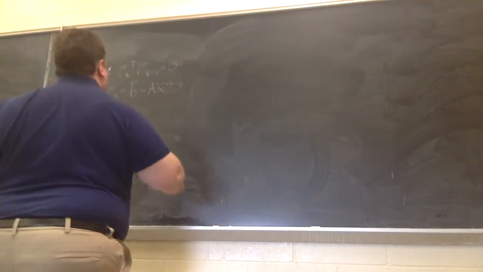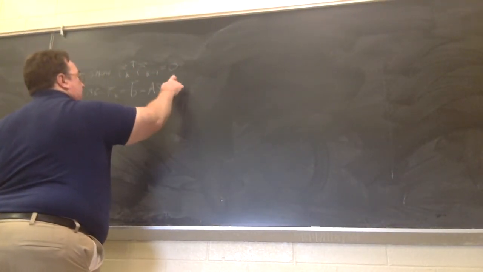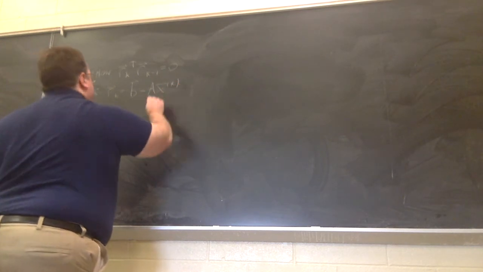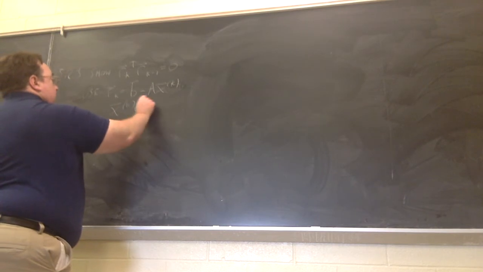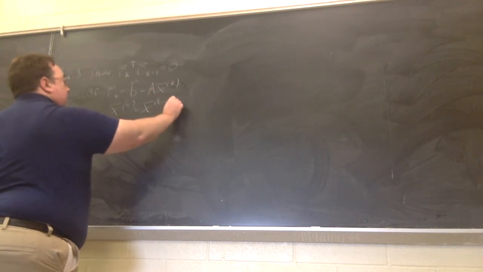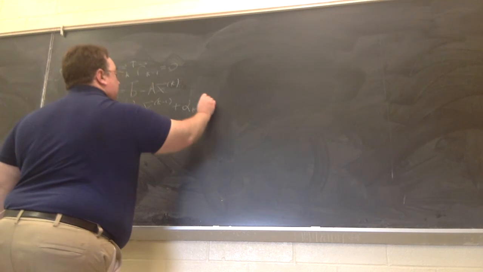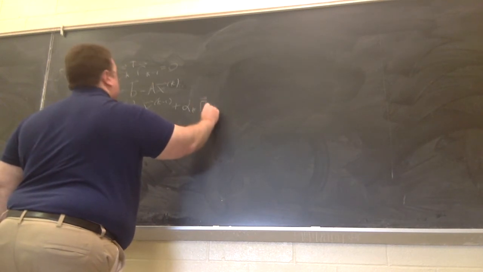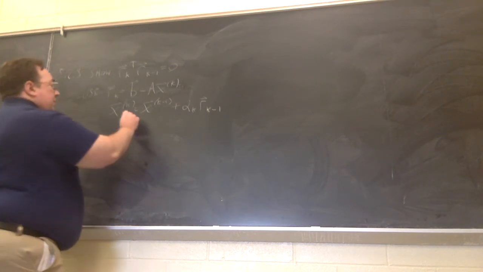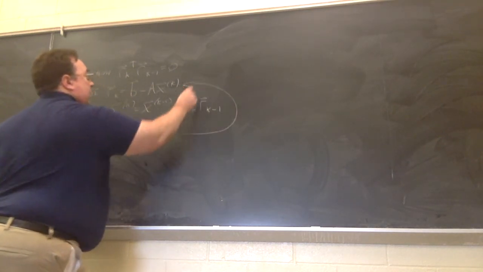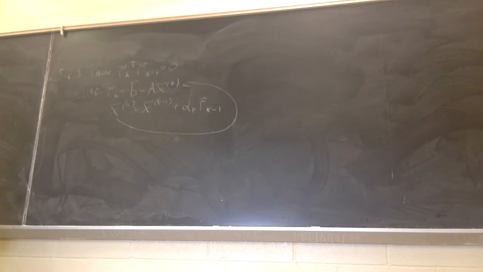So x_k is x_{k-1} plus alpha_k r_{k-1}. As soon as you substitute this in here, you're going to get terms that you can simplify to r_{k-1}.